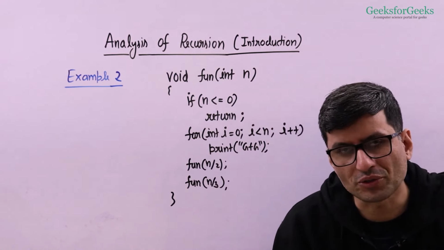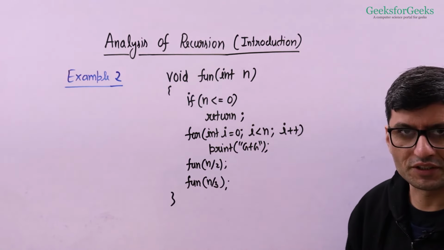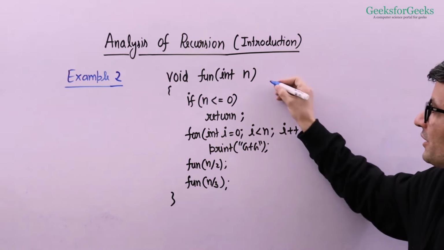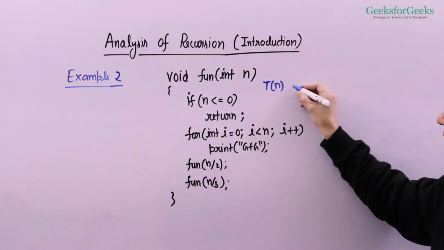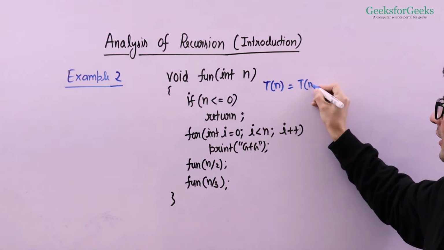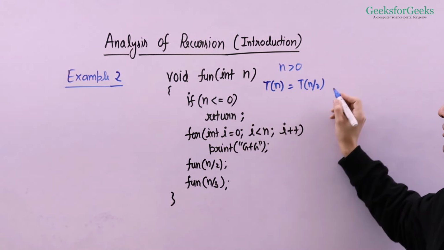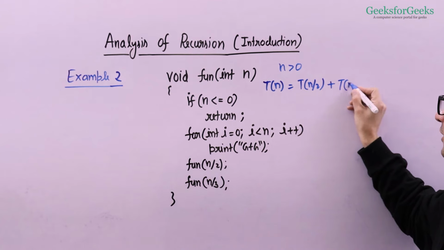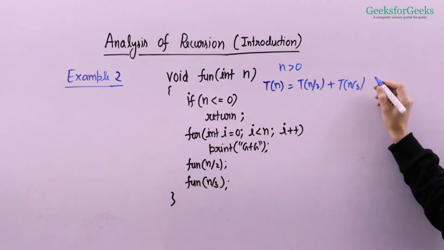Here is an exercise for you. Please pause this video and try to write down recurrence relation for this function. So in this function, what is happening? Say if this function takes T(n) time, then we are doing T(n/2) work here, right? And all this is true when n is greater than 0, plus T(n/3) work here in the next call, and then we are doing this theta n work, right?